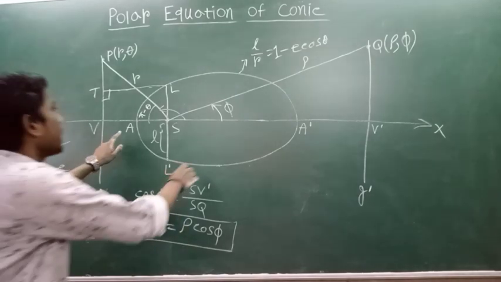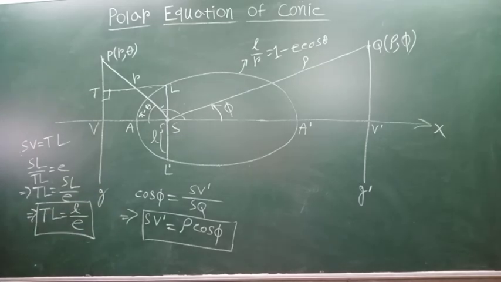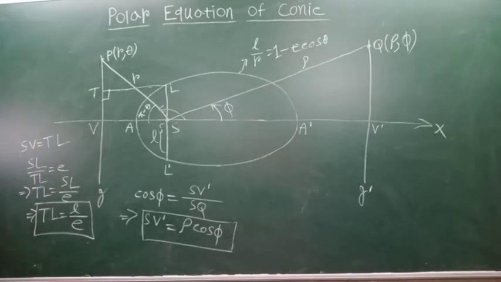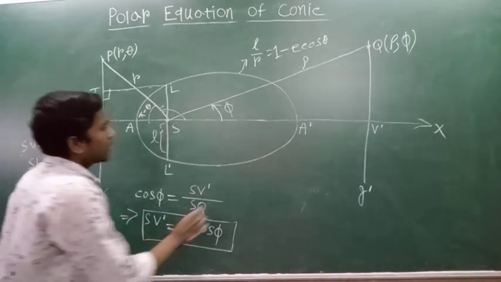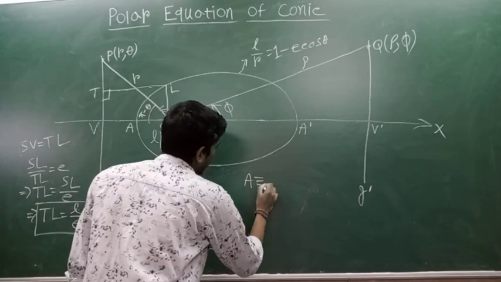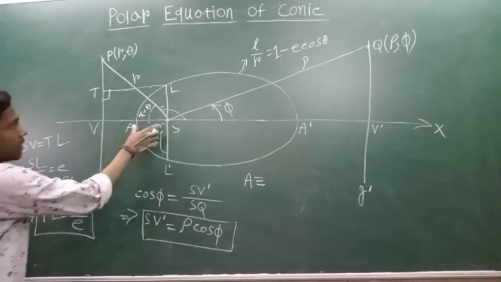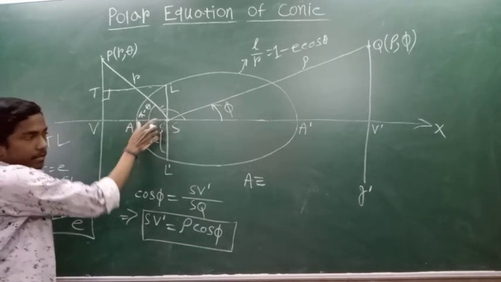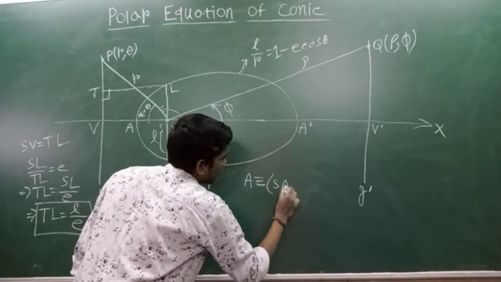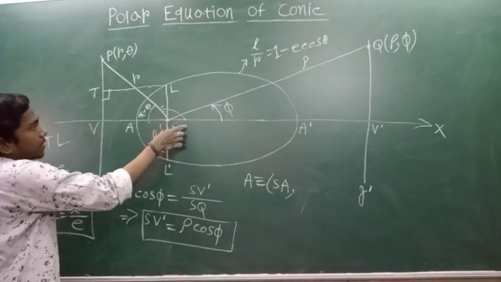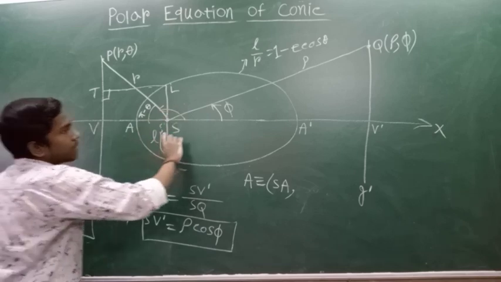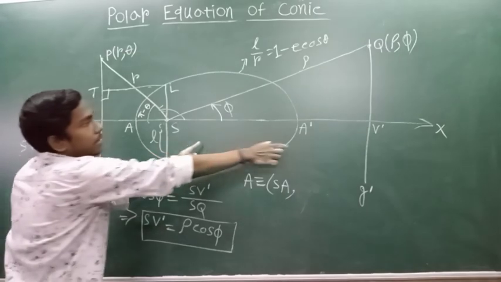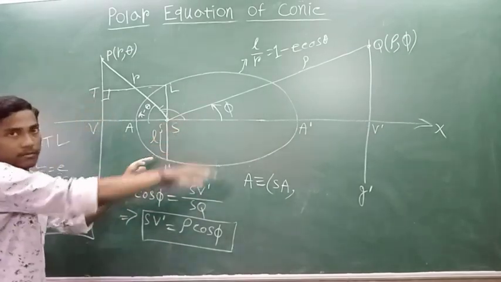Now students, A and A dash are points on the conic. So we can say they must satisfy this equation. Now we have to know the coordinates of points A and A dash. Since this is the pole, SA is the radius vector, and the vectorial angle is this entire angle. Since SX is the initial line and SA is the radius vector, the radius vector makes an angle of pi with the initial line.